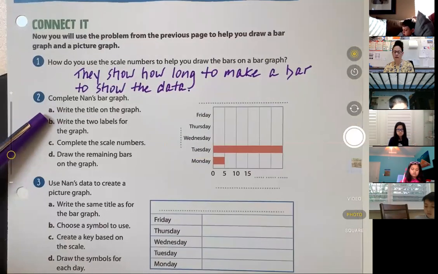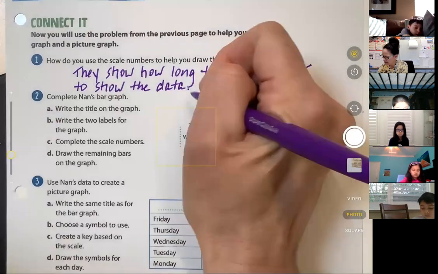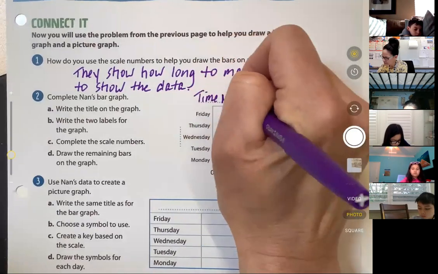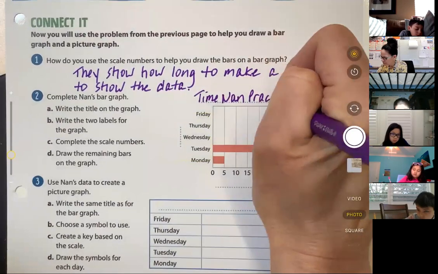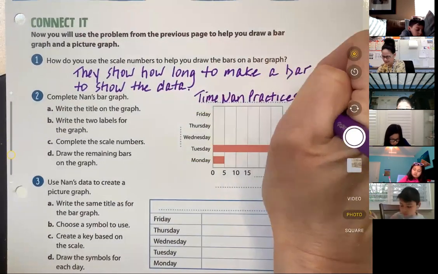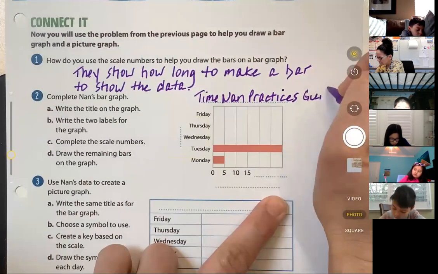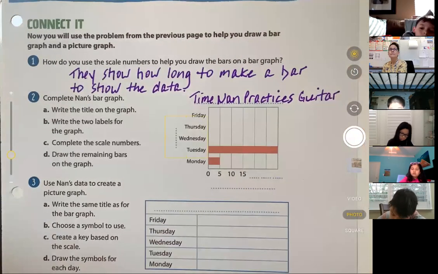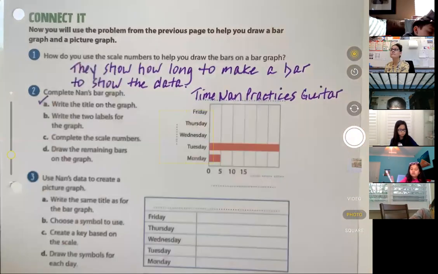So again, the title, Time Nan Practices Guitar. And so I can put a little check mark because I know I've done that one.